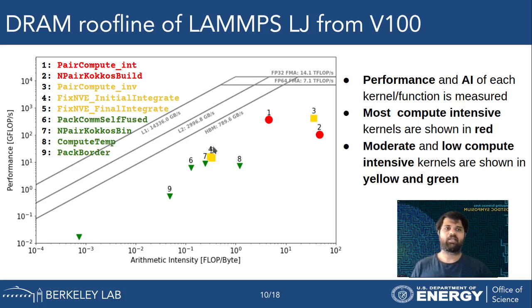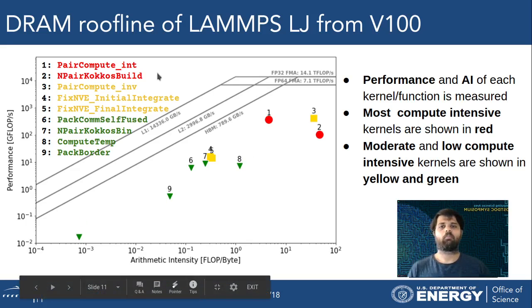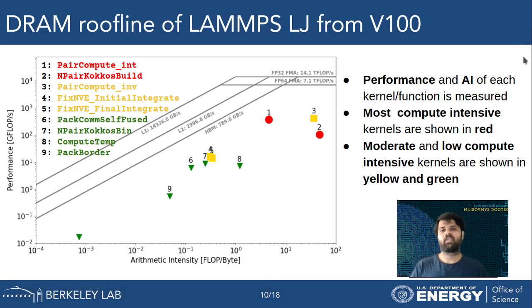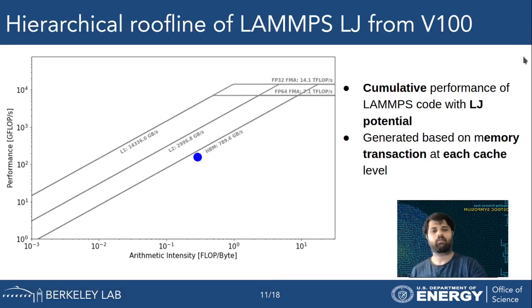The most compute intensive are shown in red, the moderate ones in yellow, whereas the low intensity kernels are shown in green. For the purpose of this talk, we need the cumulative performance of the Lennard-Jones potential, which is shown here.